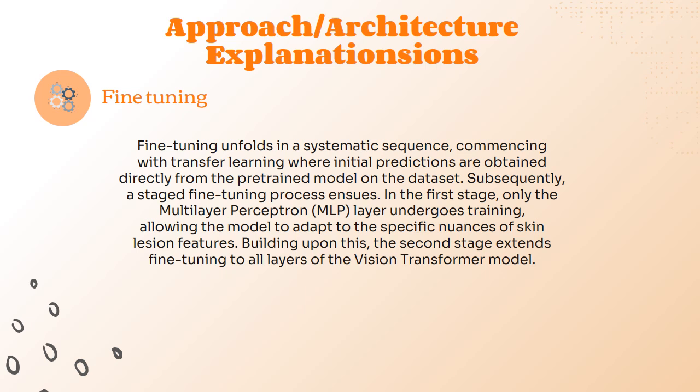Building upon this, the second stage extends fine-tuning to all layers of the vision transformer model. This comprehensive approach refines the model's representations, aligning them precisely with the intricacies of the PH2 dataset. The strategic fine-tuning stages contribute to the model's heightened sensitivity to dermatoscopic patterns, ultimately enhancing its efficacy in skin lesion classification.